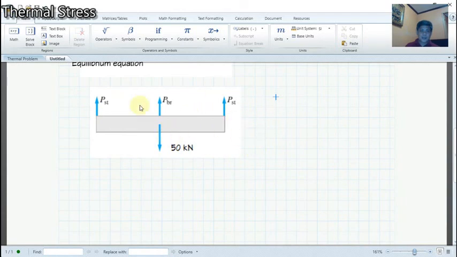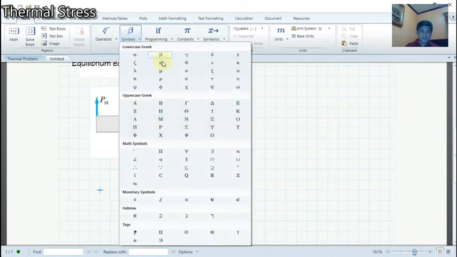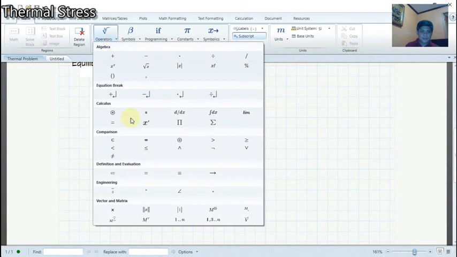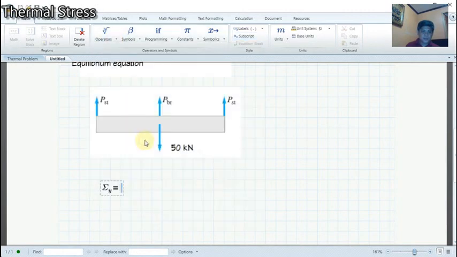So applying the equations of equilibrium, the best that we can use here is the summation of forces along the y-axis. So we have summation Fy equivalent to, we have two steel rods, so we have 2 times PST and PBR. Of course, minus 50 kilonewton.